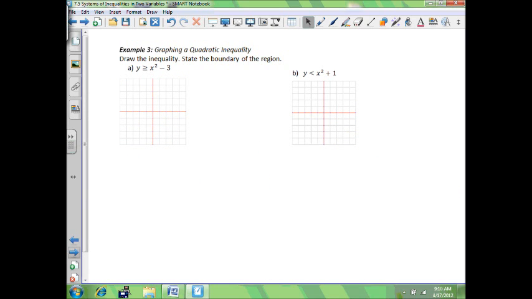Now moving on to example 3, we have a quadratic inequality. First things first, we have to graph y equals x squared minus 3. Well, x squared minus 3 has a y-intercept of -3. And then you're going to graph your parabola, pretending this is the new origin.